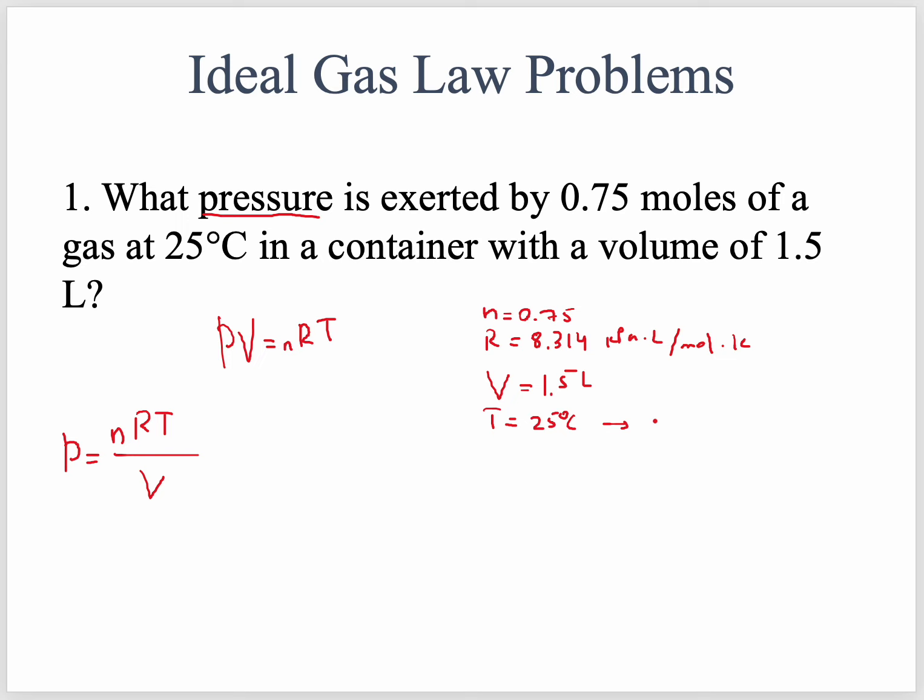To convert to Kelvin, we just add 273 and we get 298 Kelvin. Plug in these values: 0.75 multiplied by 8.314 multiplied by 298, divided by the volume, 1.5.